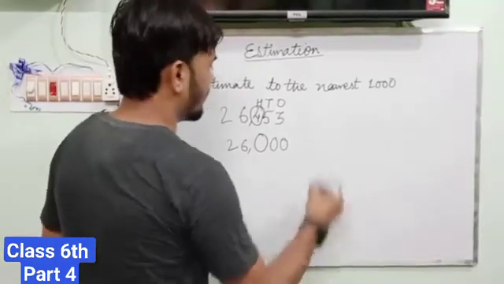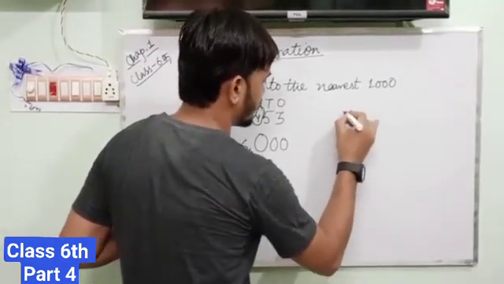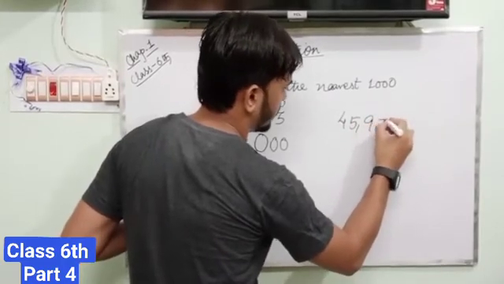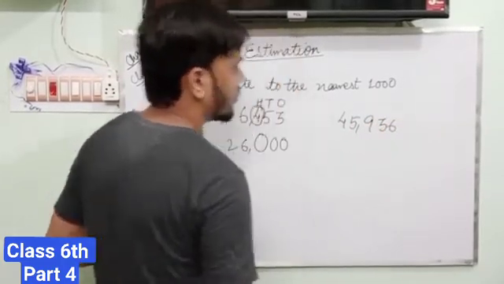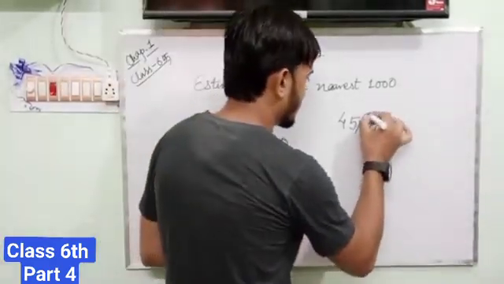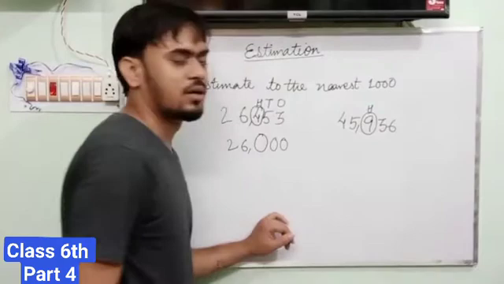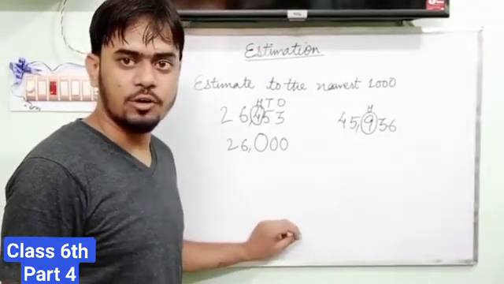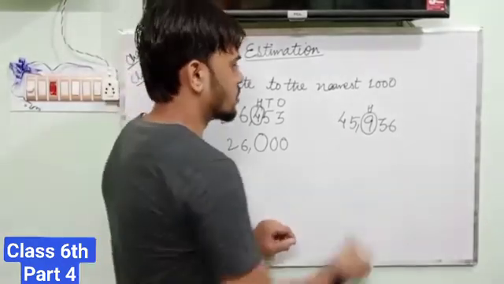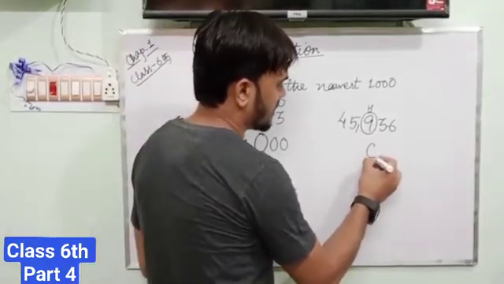But if you have a number 45,936 and your hundreds place is greater than or equal to 5, like 6, 7, 8, 9, so 9 will be replaced by 0.